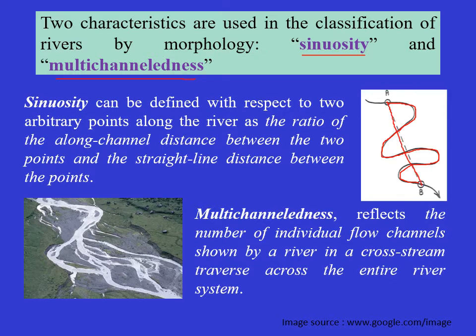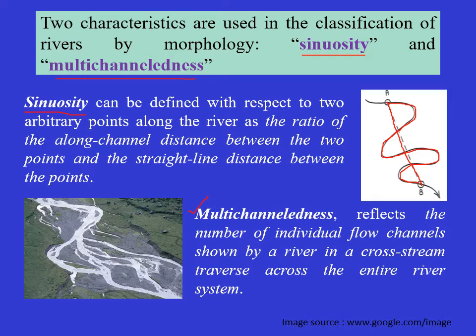So this curved channel path divided by the shortest straight line distance between the 2 points is known as sinuosity. Okay. Now, a river having a greater amount of sinuosity will be a meandering river, whereas a river having less sinuosity will be a straight river. Like sinuosity, another morphometric parameter is multichannelness.